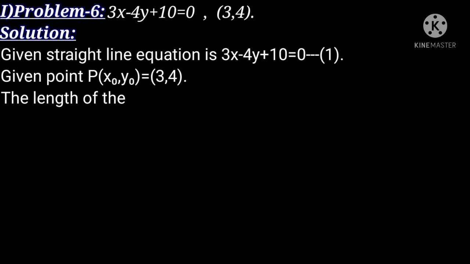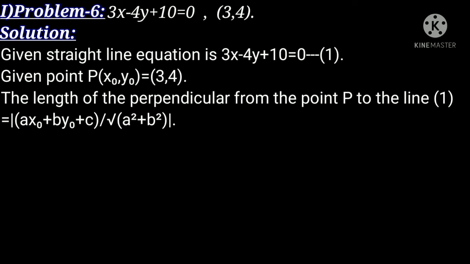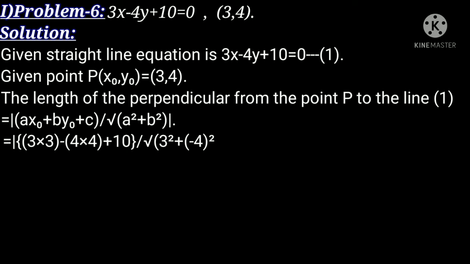Then the length of the perpendicular from point P to the line 1 is equal to the formula mod of ax0 plus by0 plus c by square root of a square plus b square. Here also we substitute a, b, c and x0, y0. Then that is equal to mod of 3 into 3 minus 4 into 4 plus 10, by square root of 3 square plus minus 4 whole square.